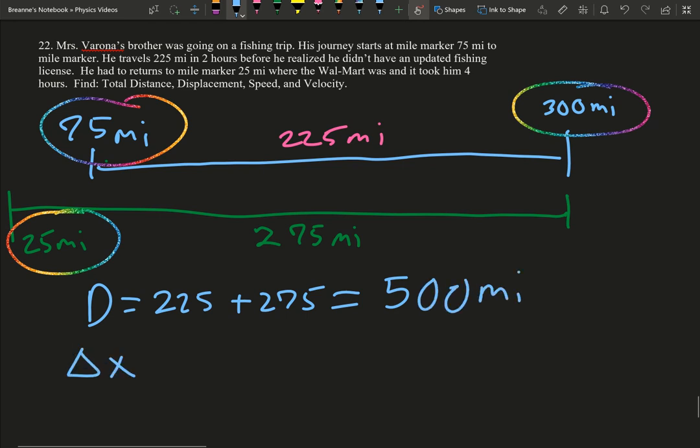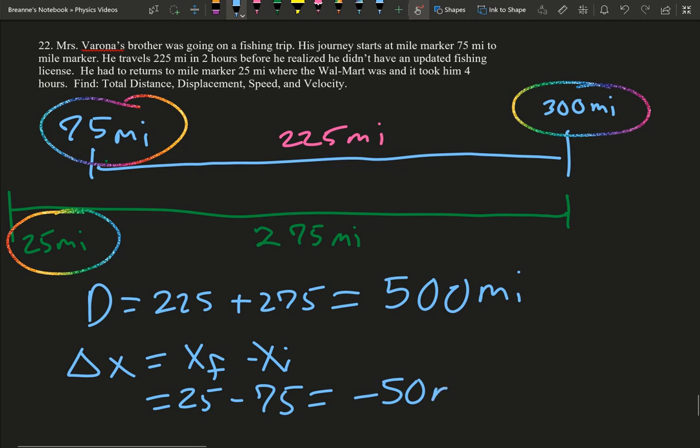For his displacement, this is where the mile markers come into play, because remember, it's final minus initial. He started at the 75 mile marker, and he ended at the 25 mile marker. So 25 minus 75 gives you negative 50.